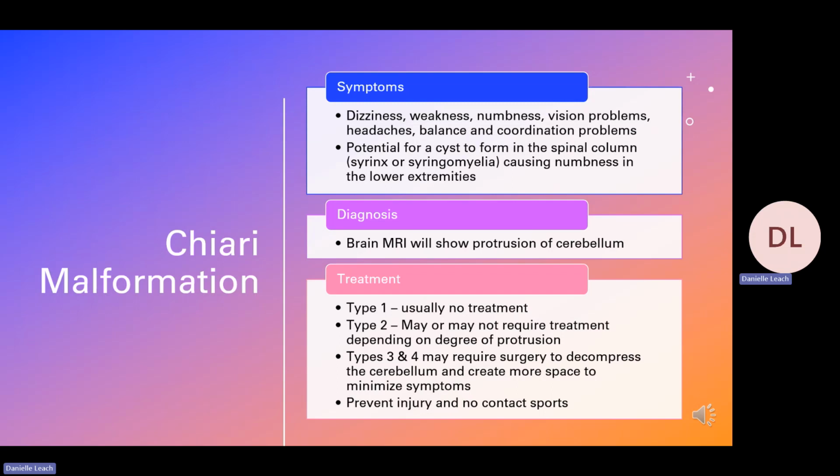For these type 2, 3, and 4, we want to prevent any injuries, and it's usually recommended that these children don't play any contact sports because we don't want them to basically ever have any sort of head trauma, any sort of brain trauma, because it could be magnified for these children.